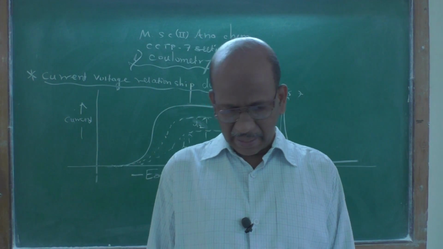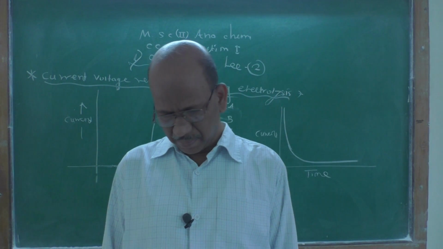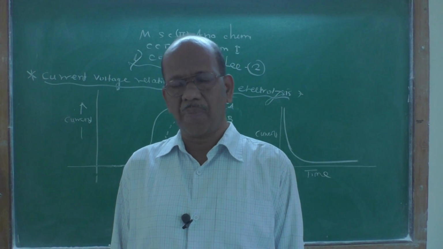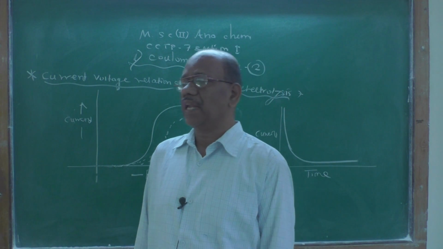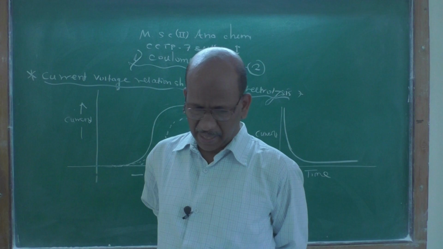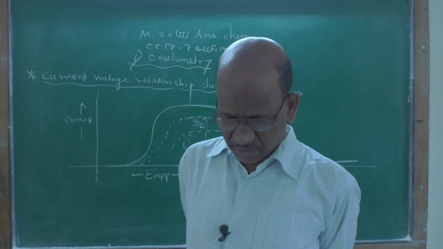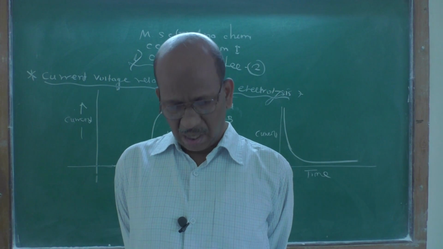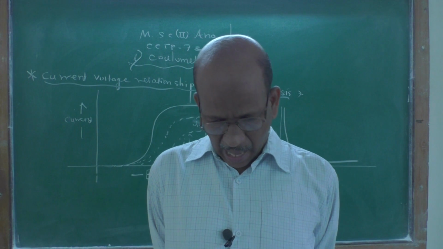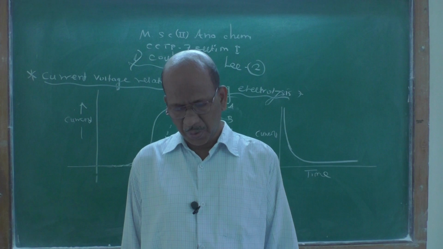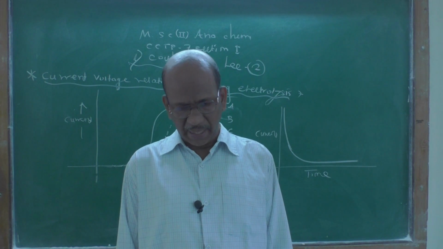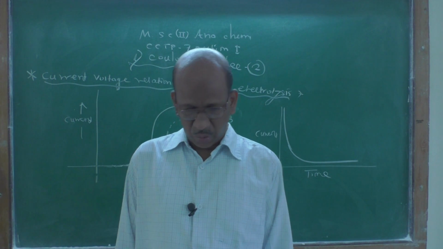Coulometry is an application of Faraday's first law of electrolysis. The Faraday's first law can be stated as: the amount of substance liberated or deposited at the electrode of a cell is directly proportional to the quantity of electricity which passes through the solution.